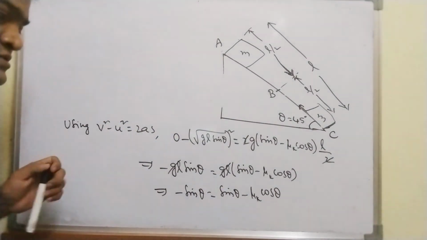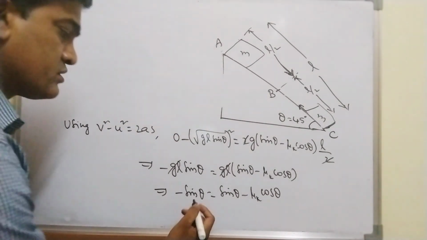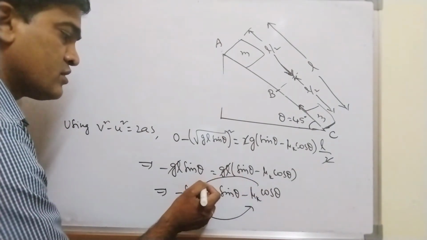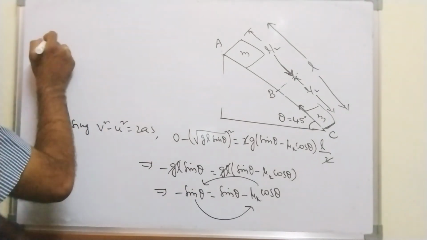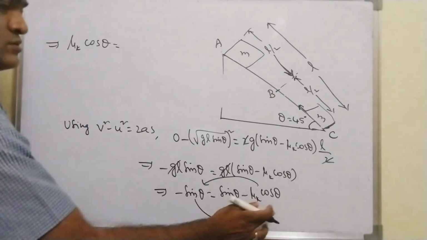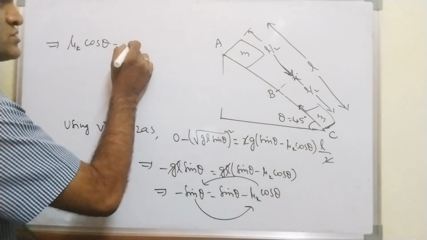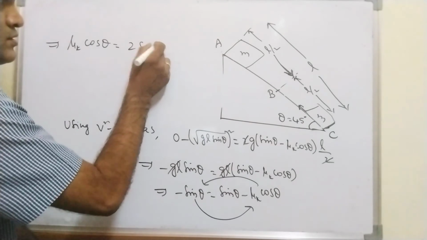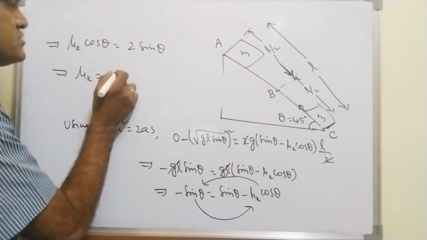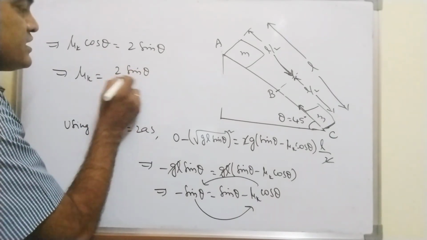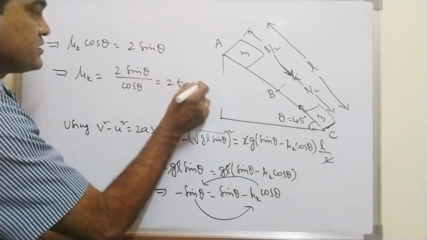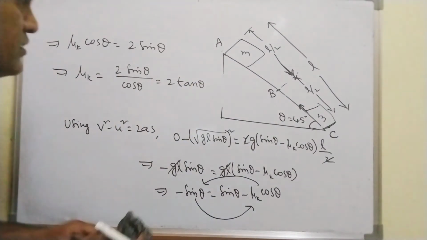Fine. Now what happens? When you take this minus sin theta towards the right side and minus mu k cos theta towards the left side, you will get mu k cos theta is equal to sin theta plus sin theta, 2 sin theta, is it not? From this, mu k is equal to 2 sin theta by cos theta, which comes out to be 2 tan theta. This is the general formula.